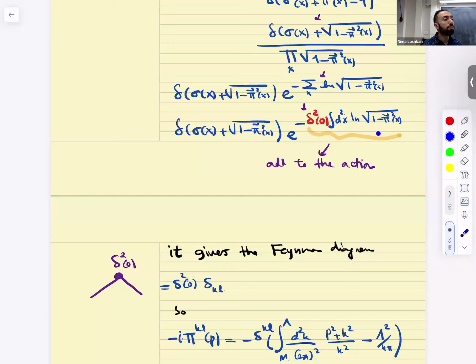This is a 2-point function. This gives you a 2-point vertex with coupling, which is a Dirac delta function, delta 2 of 0. This will take care of that forbidden divergence. If we were careful from the start, we would have never found that forbidden divergence.